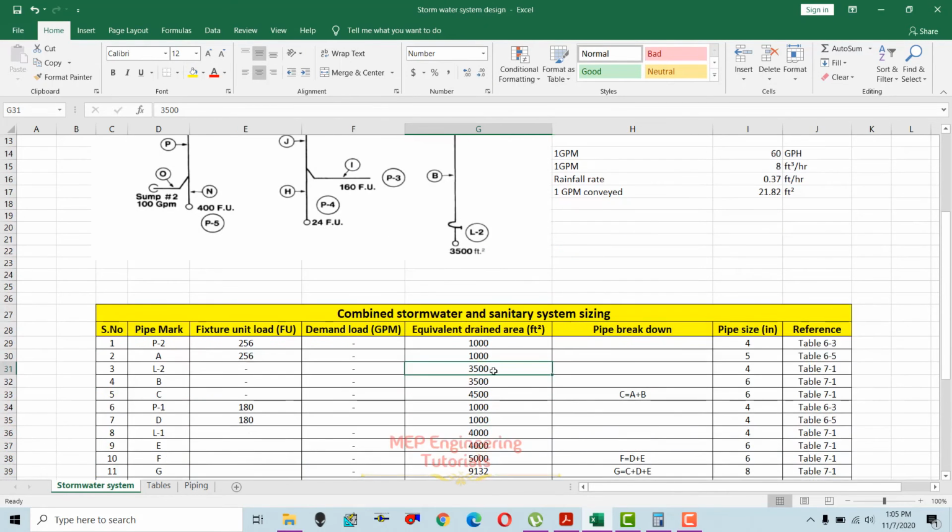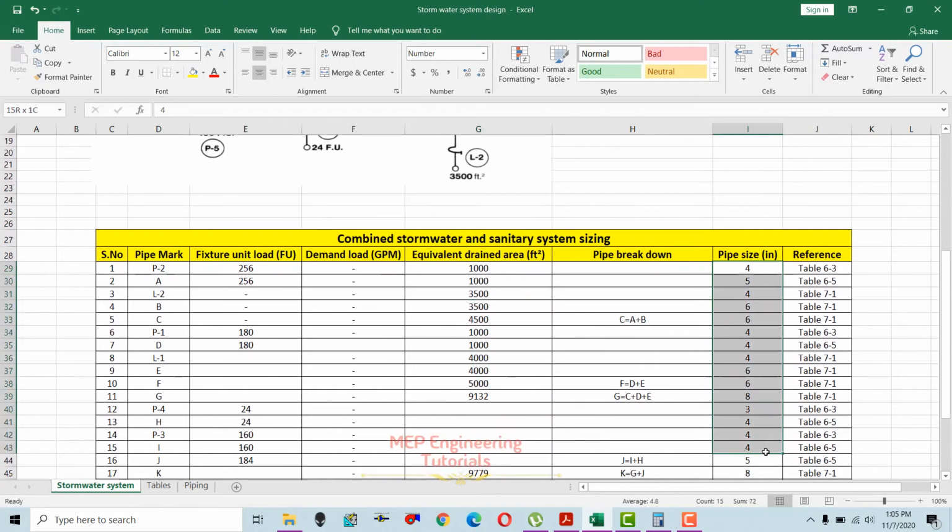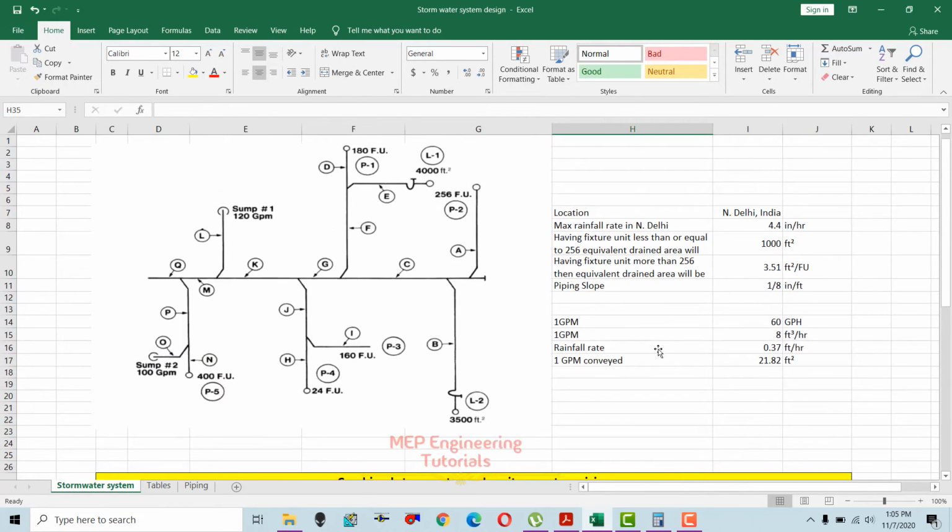Before proceeding towards the pipe sizing of the combined storm and sanitary system, you can see that this is a combined system we have in here. This is a sanitary drainage piping line, and this is the stormwater line, and here it's combined together, and same thing over here. One thing you need to understand is the leader pipe and the sanitary drainage pipe.